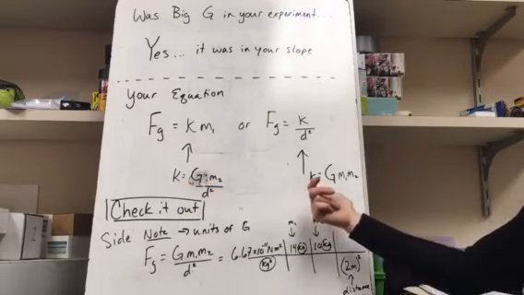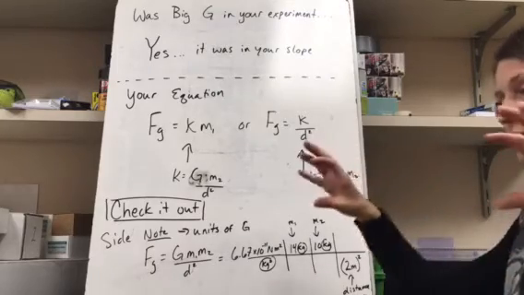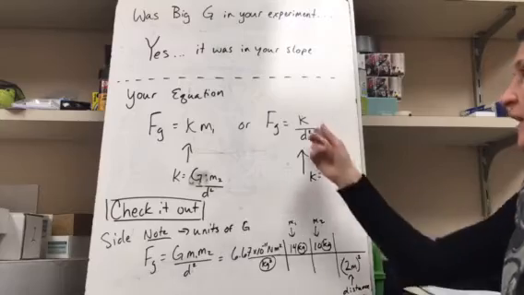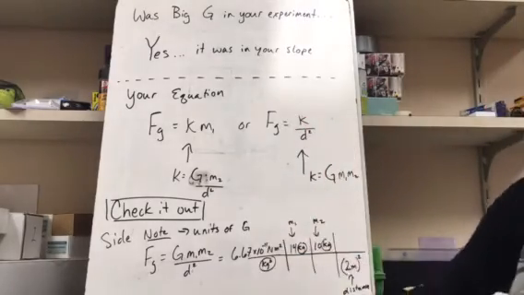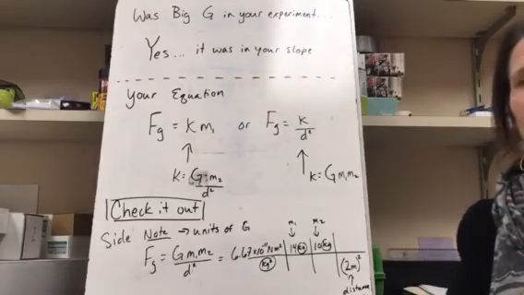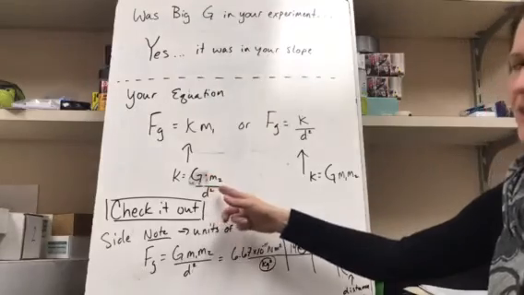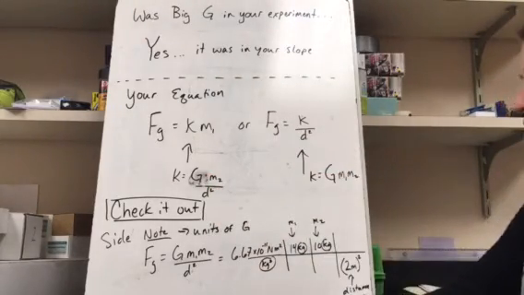And over here, if you held your two masses constant and multiplied those two masses in kilograms together times big G, again, you would find your slope. So that's pretty cool. I highly suggest you check that out. This is one of the things that makes physics so awesome, is that almost always the things that you keep constant in your experiment show up in your slope, okay?